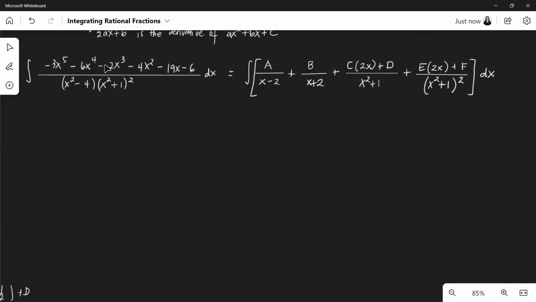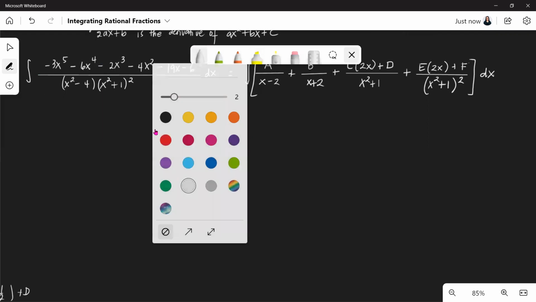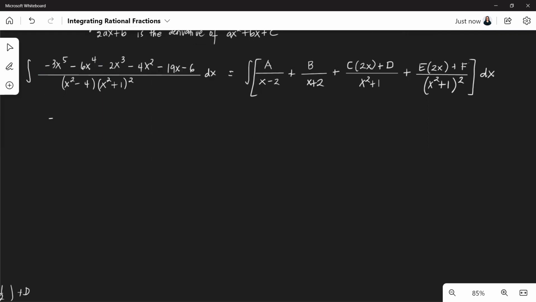So multiplying this entire fraction in the integrand with the denominator, it is equal to the numerator. So there are no missing terms from x raised to 5 down to the constant term. So equate it to A over x minus 2 times x squared minus 4 and the square of x squared plus 1.